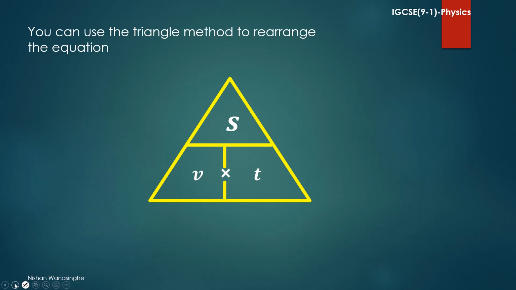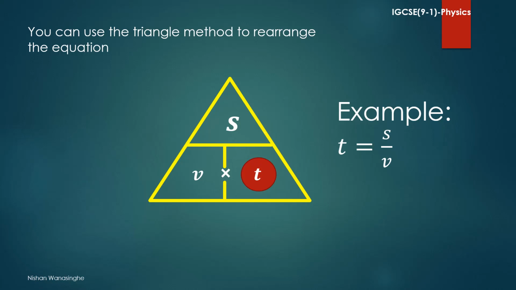Here the triangle method makes it easy to substitute or make any quantity the subject of the equation. If you close t with your finger, s over v is left. That means t is equal to s over v. That line shows the division.